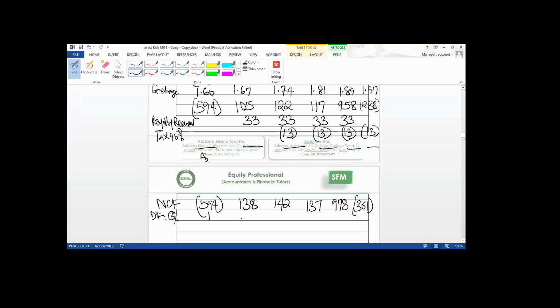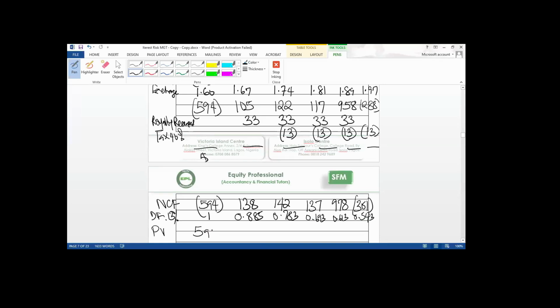Year 1, 0.885. 2, 0.783. 3, 0.693. 4, 0.613. Then last year, 0.543. Please get your present value.